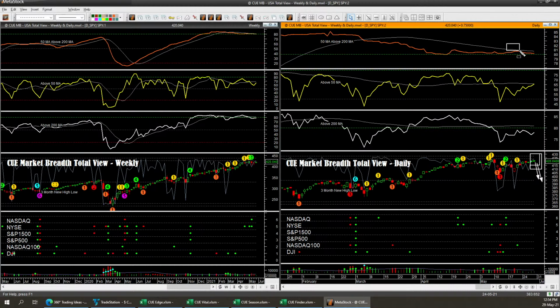The percentage of stocks where 50 MA is above 200 MA is above 80%. That is the slowest of the MA calculations. The percentage of stocks above 50 MA reached the average line. We'll see now if it tilts down from there. If it tilts down from there, it will be bearish.